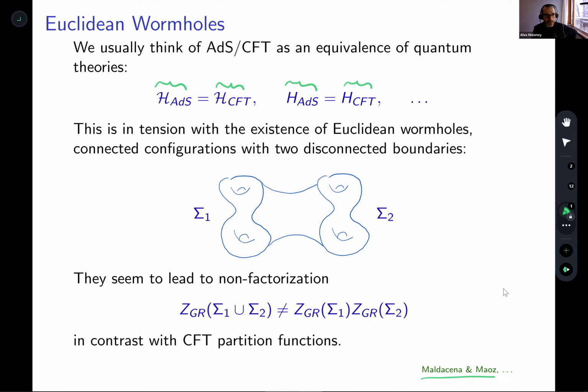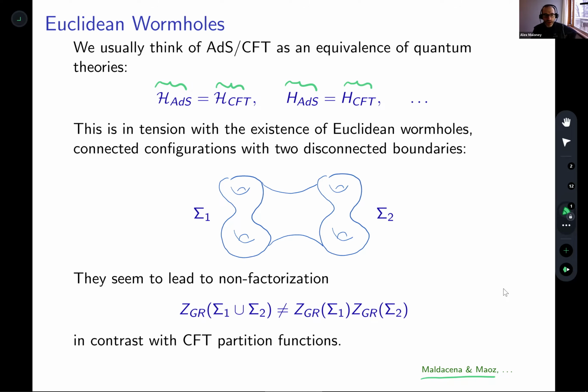So what is a Euclidean wormhole? A Euclidean wormhole is a solution to the equations of motion, or perhaps more generally, some kind of configuration that would contribute to a Euclidean signature gravity path integral, which has the property that it has two disconnected boundaries.